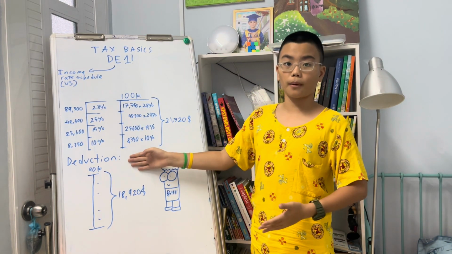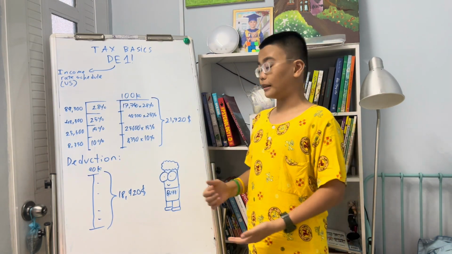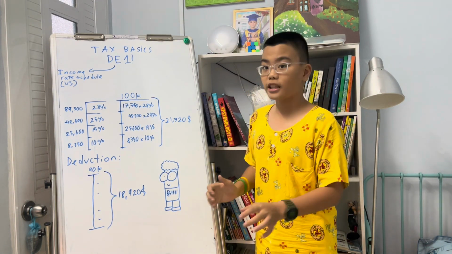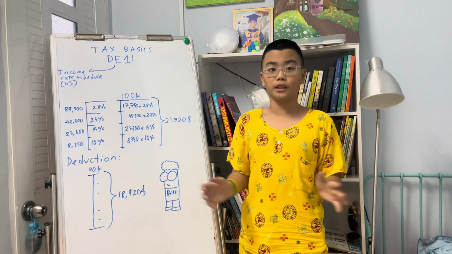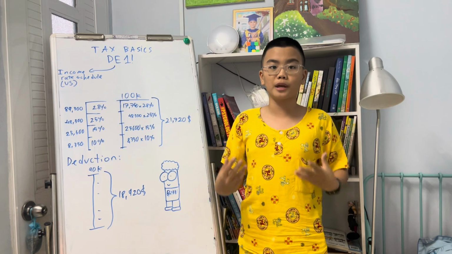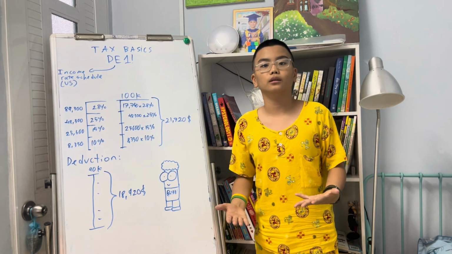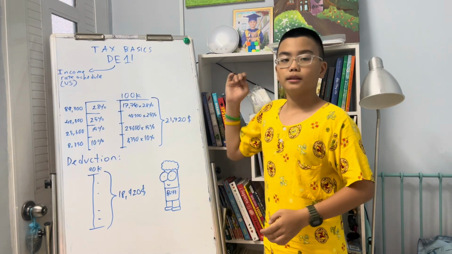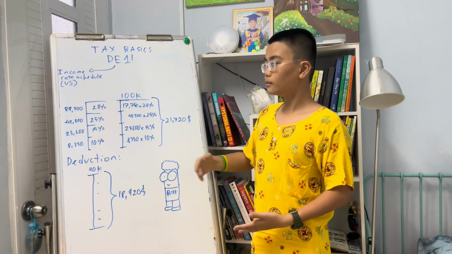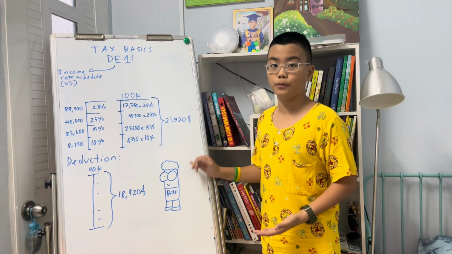Next, I want to talk about deduction. Most people would think that deduction is just like setting up a giant company so that you can evade taxes by splitting your money into so many little pieces that the government can only easily tax you $1. Well, that is not quite true because tax is based on how much income you get.